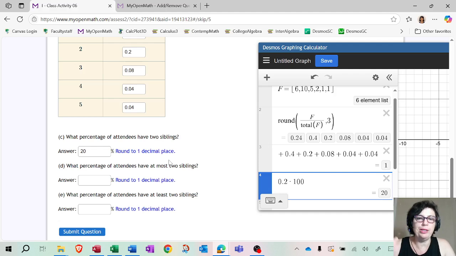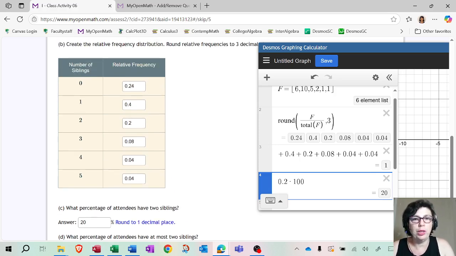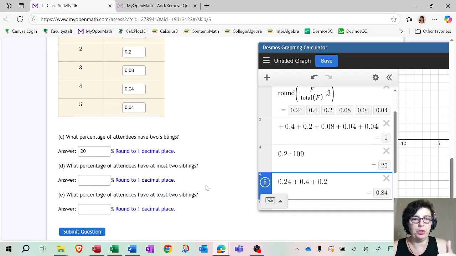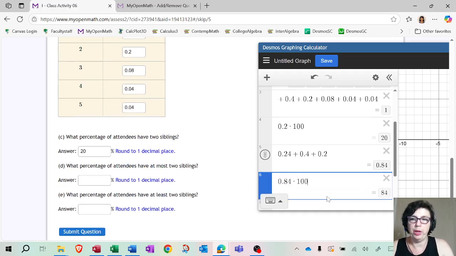So at most two is less than or equal to two, meaning it's either 0, 1, or 2. What you're going to do is add the corresponding relative frequencies for 0, 1, and 2. So 0.24, 0.4, 0.2. Once we add them, because we need to convert the answer to a percentage, we multiply by 100. So here we got 84.